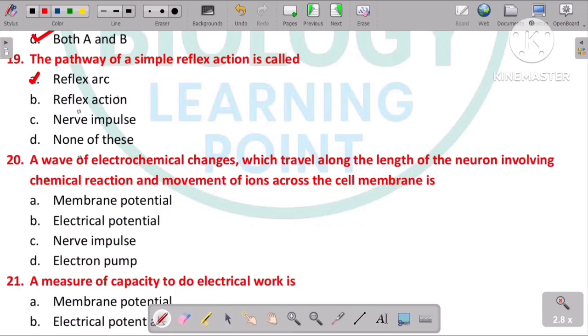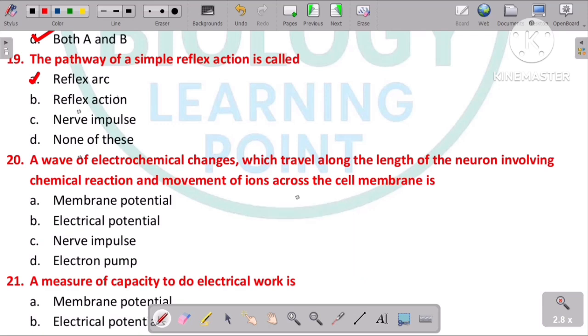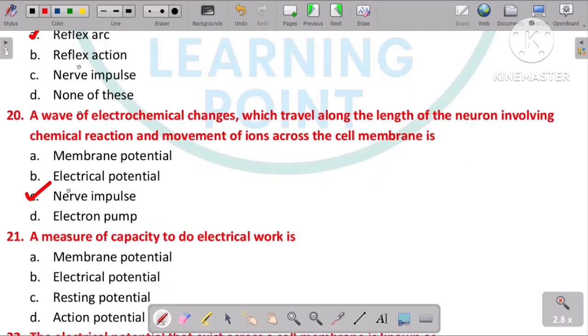So the next question is: a wave of electrochemical changes which travels along the length of the neuron, involving chemical reaction and movement of ions across the cell membrane, is... So the right answer is option C, nerve impulse.